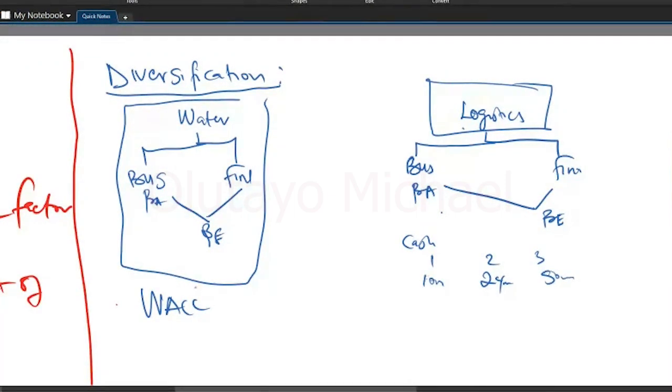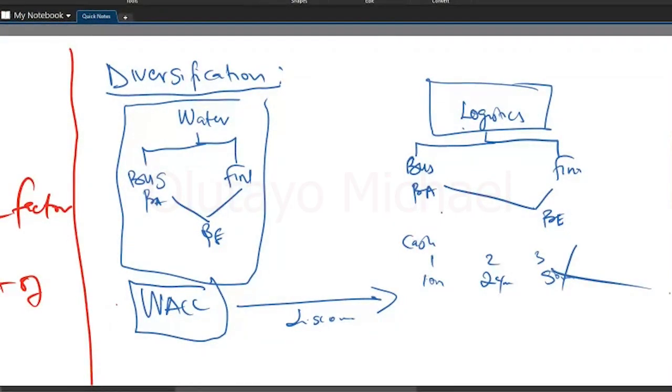Now, it will be wrong for me to use this WACC to discount this cash flow from logistics. That is an error. I cannot use this WACC to discount the cash flow from logistics. Do you know why? Because this WACC does not have this business risk in it.